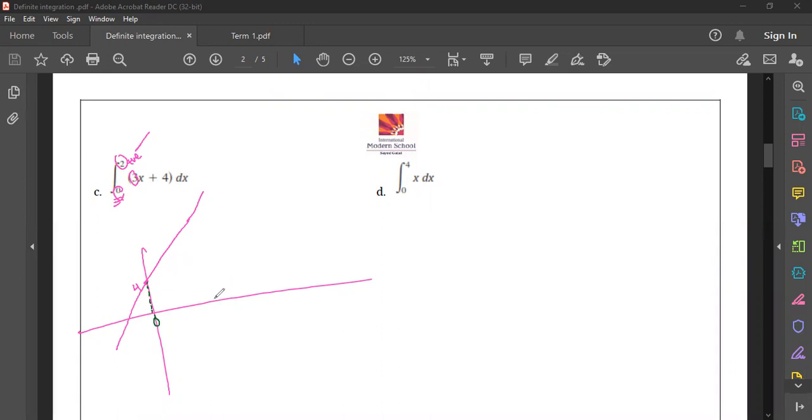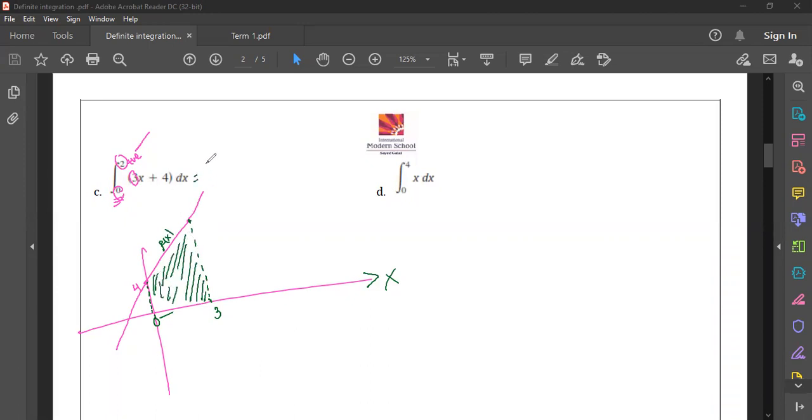Then at 3, I draw a vertical line until it reaches the curve of the function. That is the x-axis. Look here, the region bounded by the curve of the function f of x, the x-axis and the two vertical lines, the shape is what? Trapezoid.